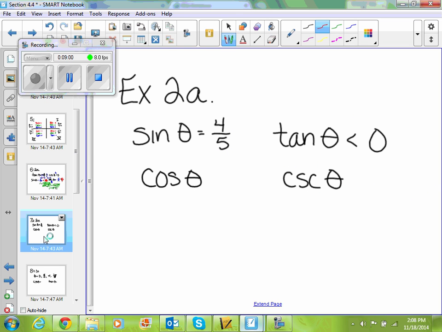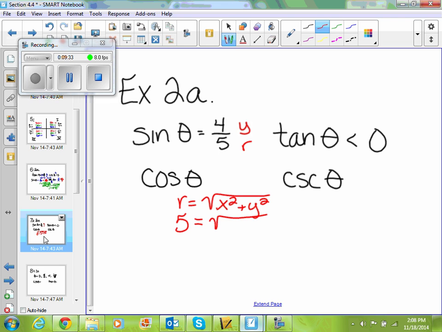Alright, I look at 2a, I've got sine equals 4 over 5, and tangent is less than 0. I know that sine is y over r. So that tells me that I need to find my x value. To find my x value, I know that r equals the square root of x squared plus y squared, and r is 5.